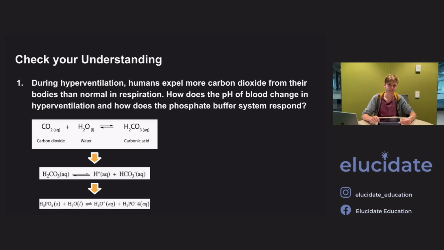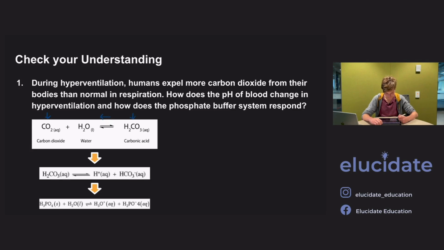This is a tricky question because we actually have more than one equilibrium system at play here. First note that dispelling carbon dioxide from our body will lead to a decreased concentration of carbon dioxide in the bloodstream. Therefore, our first equilibrium system will shift to the left to favour the products. This in turn will lead to a decreased concentration of carbonic acid as it is consumed in the reaction.